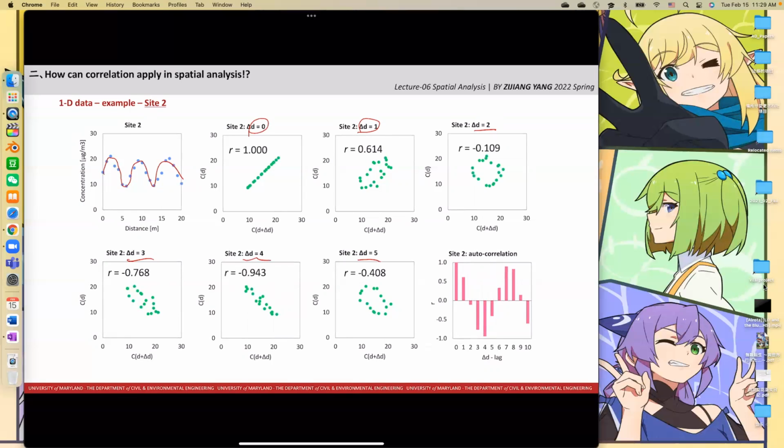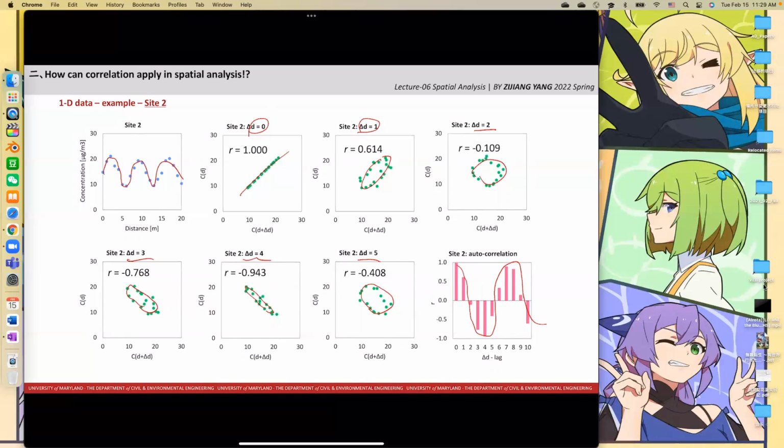We can see this is a straight line, and then it opens, extends again, then shrinks at another position, and opens again. So it has a specific pattern. If we summarize the correlation coefficients of each delta D, we get this plot, and we can see it also has an oscillation in the correlation.